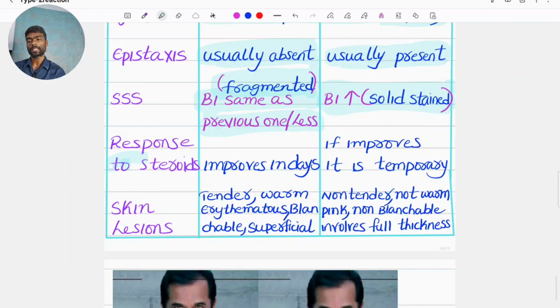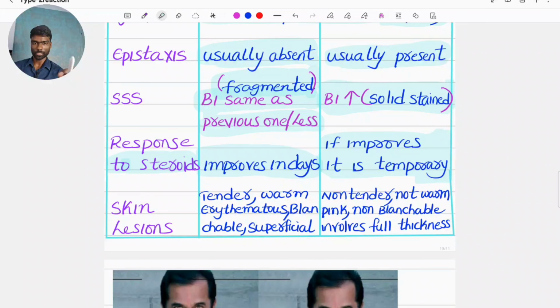Response to steroids will be excellent in ENL. E for ENL, E for excellent response to steroids, improves in days. Here in relapse, it is temporary only if improvement has occurred with steroids. So we'll give steroids first to differentiate between reaction and relapse.